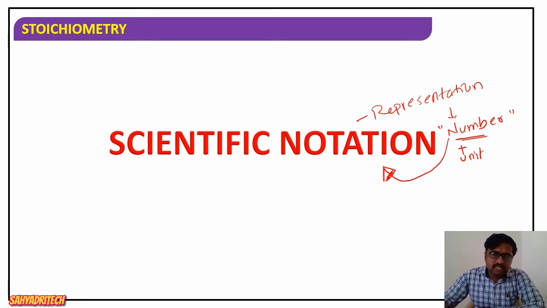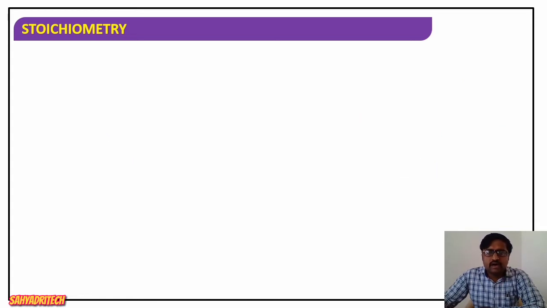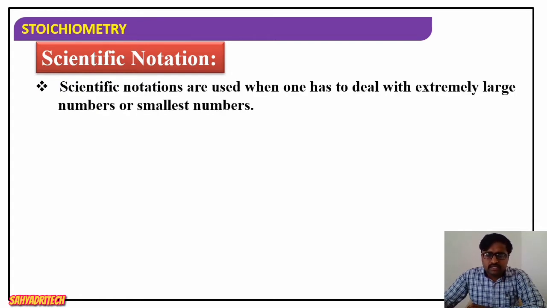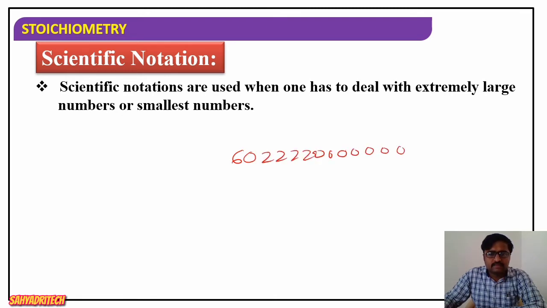While representing a number, if we are dealing with very large or very small numbers, there is a difficulty. If I want to represent a very large number like 602222000, can you spell this? It is very difficult.